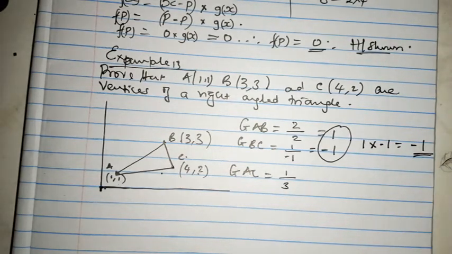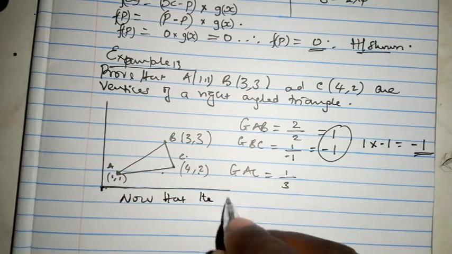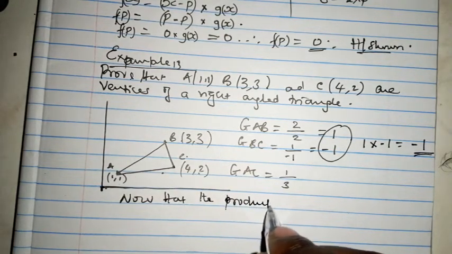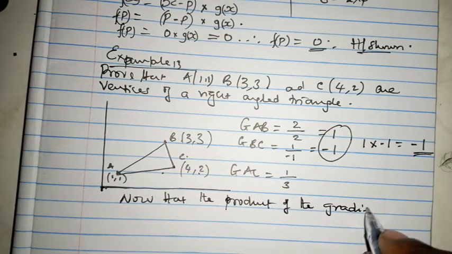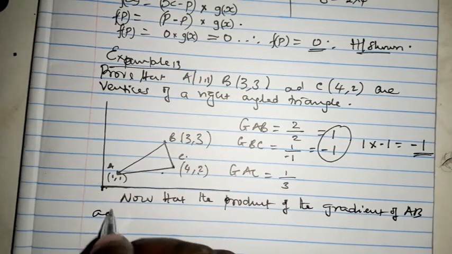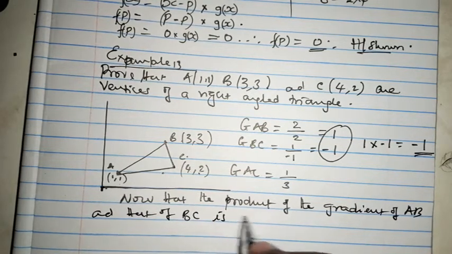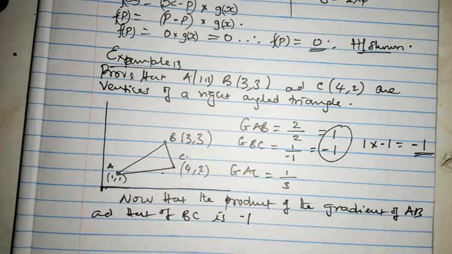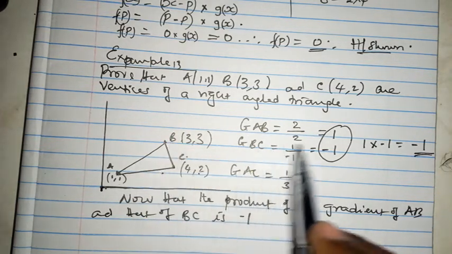And we know that now, the product of the gradient of AB and that of BC is negative 1, so the two lines are perpendicular. The gradient of AB is 1.